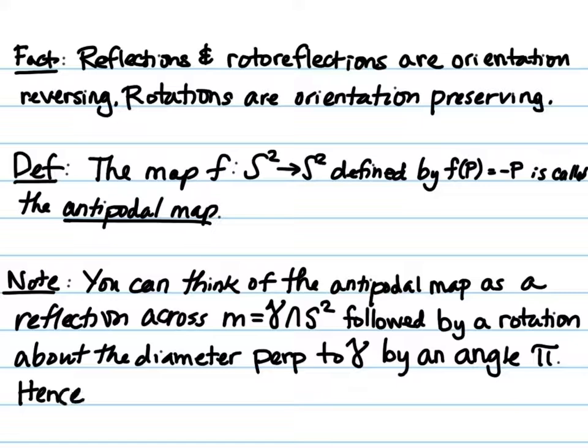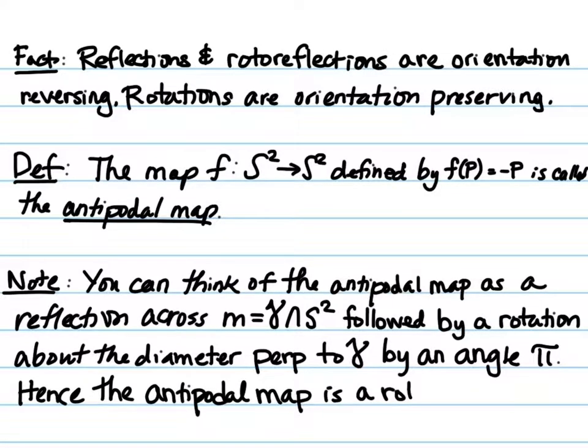Hence, the antipodal map is a rotoreflection. So that's an example of a rotoreflection, the antipodal map.